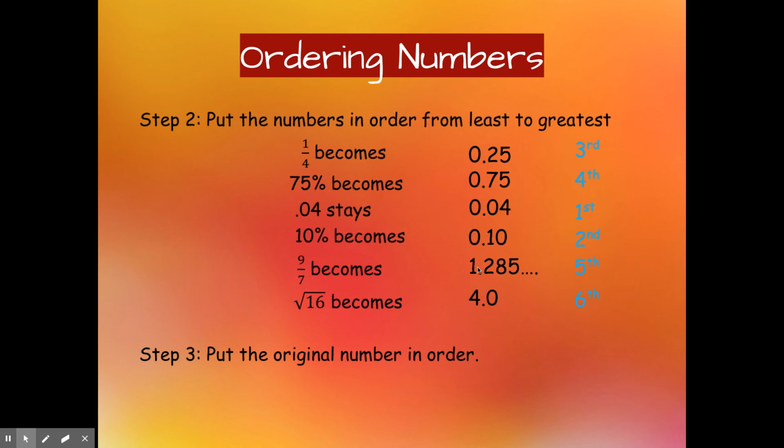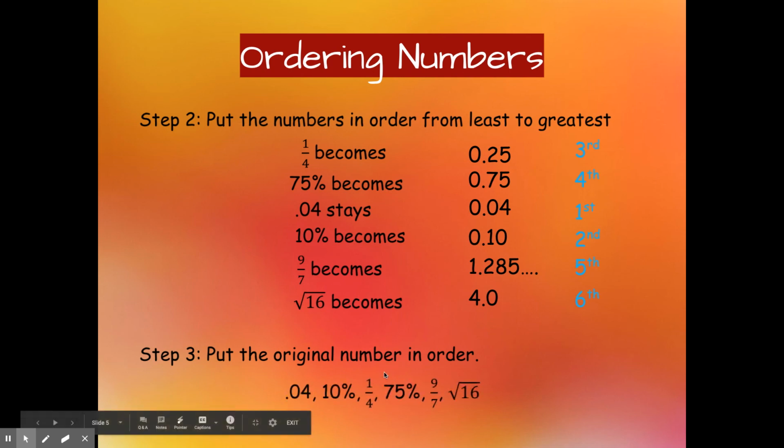My fifth number was 1.285, which was originally 9/7, or 9 over 7. And then my biggest number, or sixth number, was 4 wholes or 4.0, which originally was the square root of 16. So when I rewrite them, I'm going to rewrite them in their original form, how they were originally given to me.